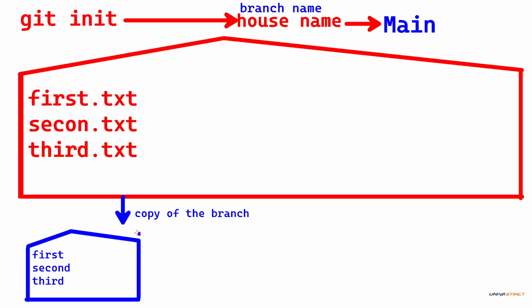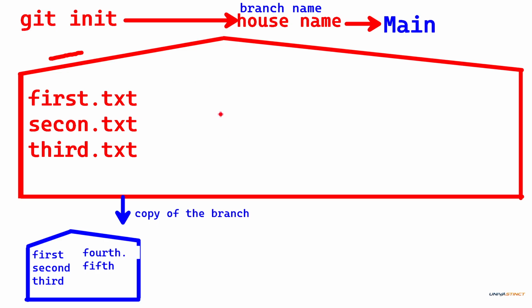The advantage of copying this is that you can now decide to add more files like fourth.txt. You can decide to do more things right inside it, maybe fifth.txt. In a real scenario, let's talk about a website. This your website is the one on red here.